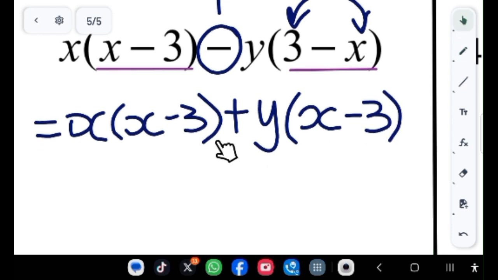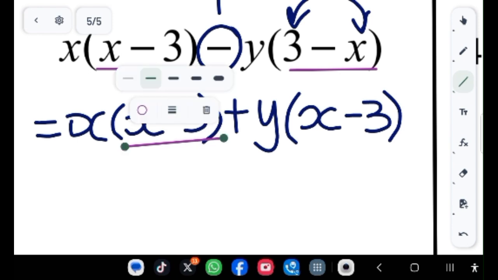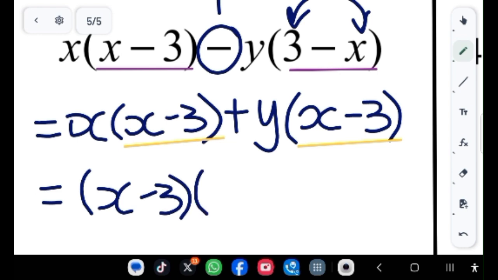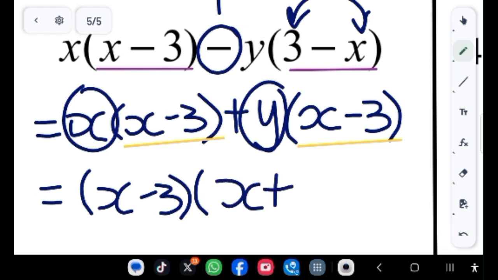Now you have a common factor. This is how you work with the common factor. You take it out, that becomes x minus 3, and then that leaves us with x plus y. That's how you factorize that.